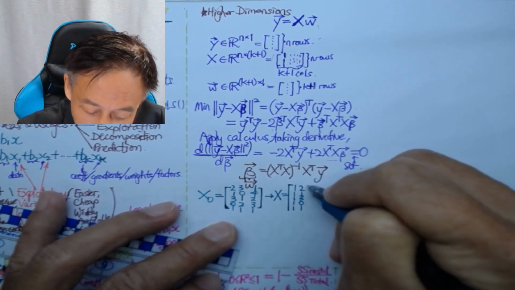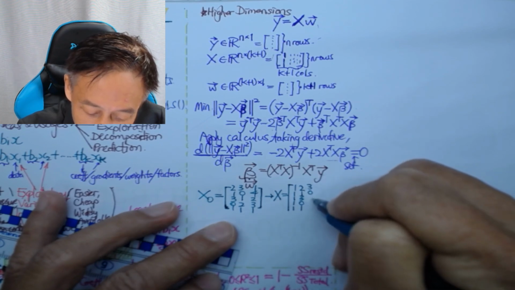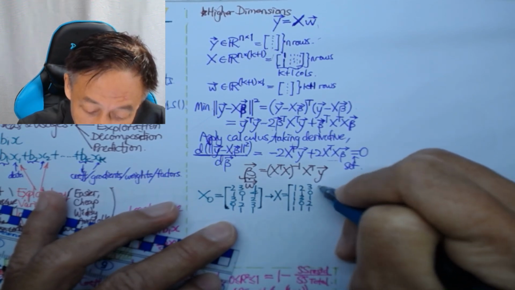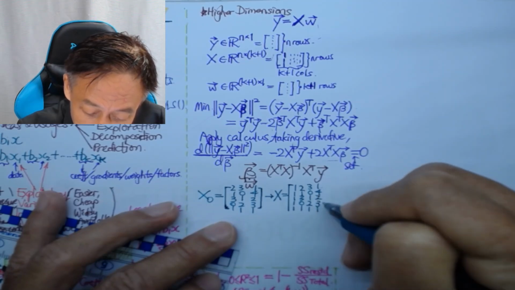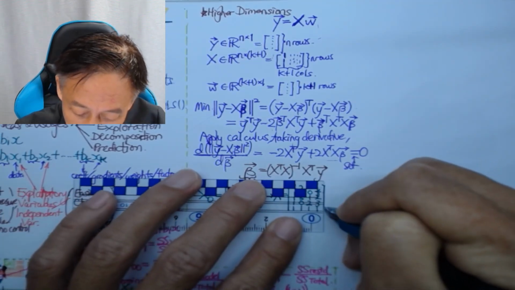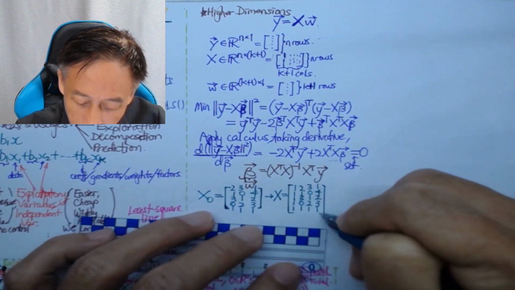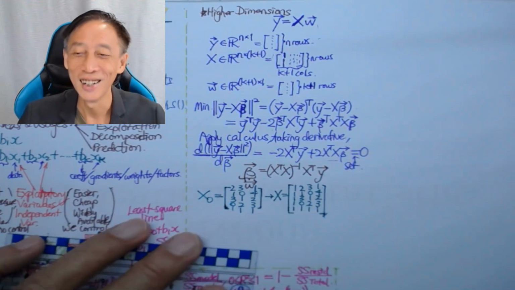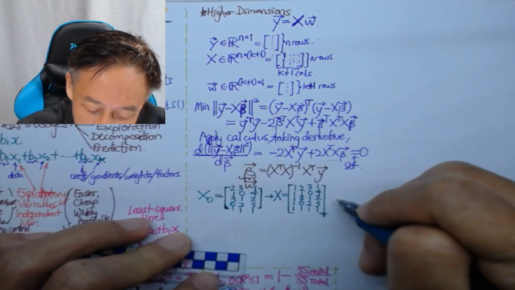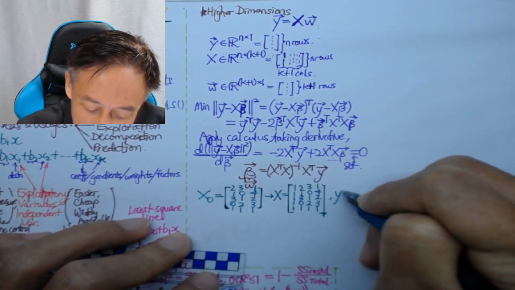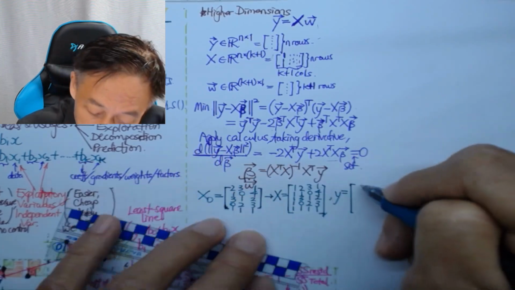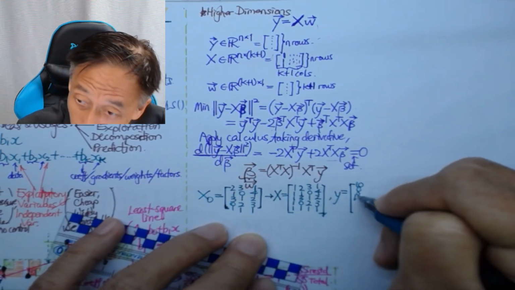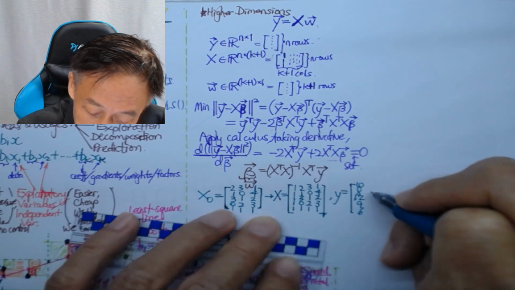Copying is a very quick and frequent operation in numerical analysis and data analytics, so we copy the rest quickly and flawlessly. And suppose our y is like this: 10, 8, 12, 9, and 6.